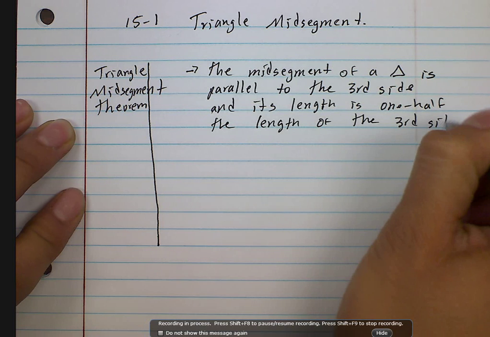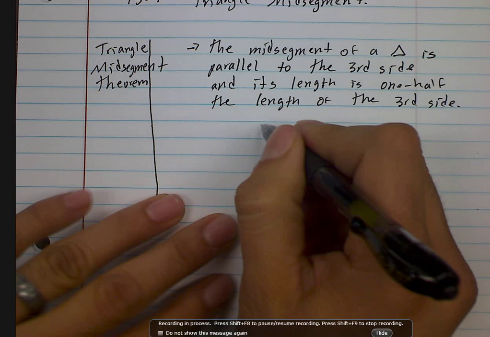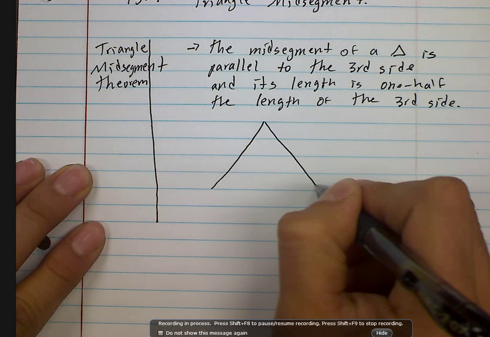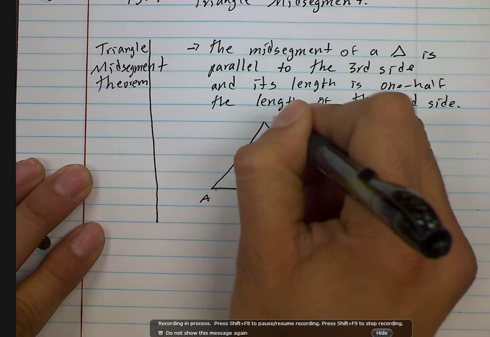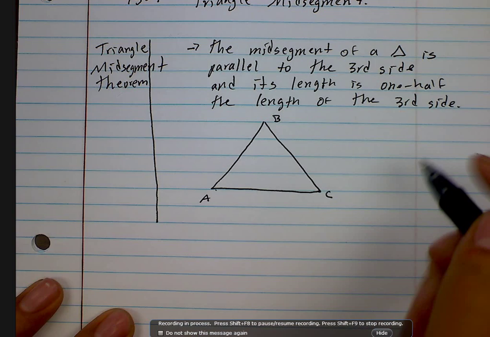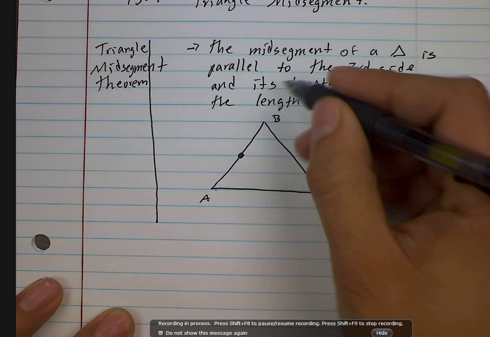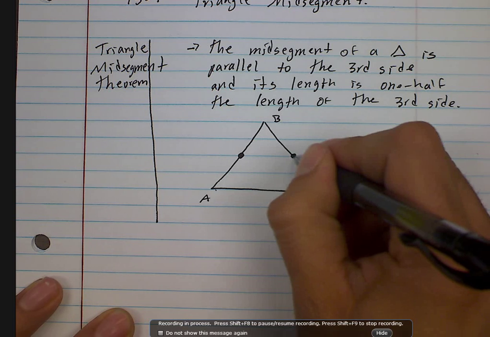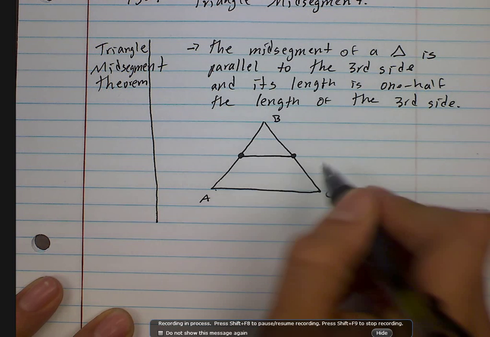Okay, so that's what it says in words, but really all it says is, so you have a triangle, and let's call this one ABC. What you need to do is find the midpoint of AB, which is going to be right there. And then you find the midpoint of BC, which is going to be right there. And then you just connect them. And that is the mid segment.